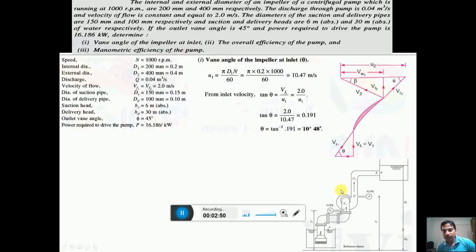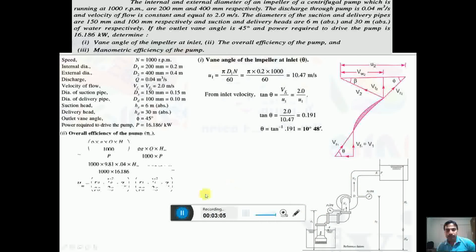Now we can see general layout of centrifugal pump here. Here's the centrifugal pump. Here the suction gauge is installed. The gauge on delivery side is installed here. This one is suction pipe. This one is delivery pipe. Now see here overall efficiency of the pump.